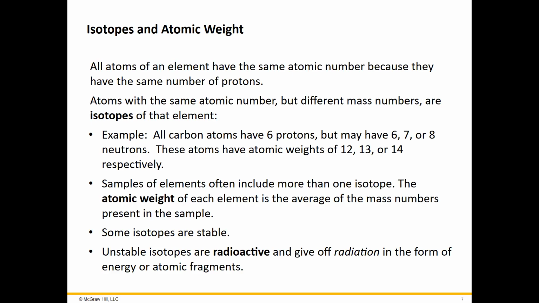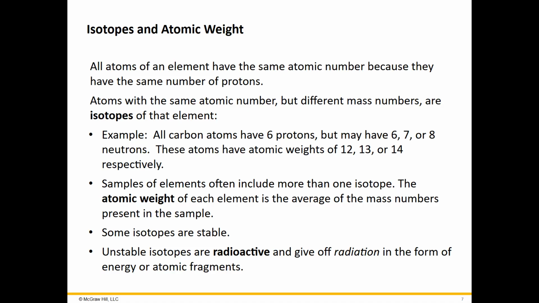Isotopes. Isotopes are the difference between the number of protons and the number of neutrons. All atoms of an element have the same atomic number because they share the same number of protons.